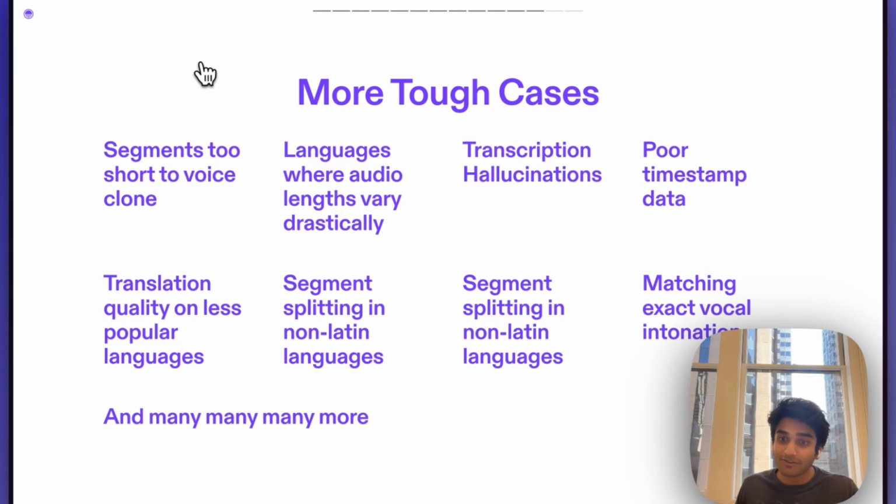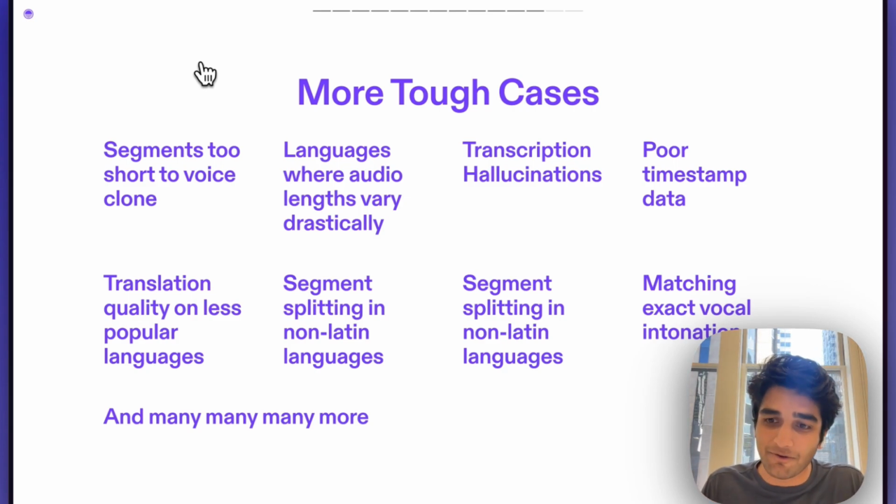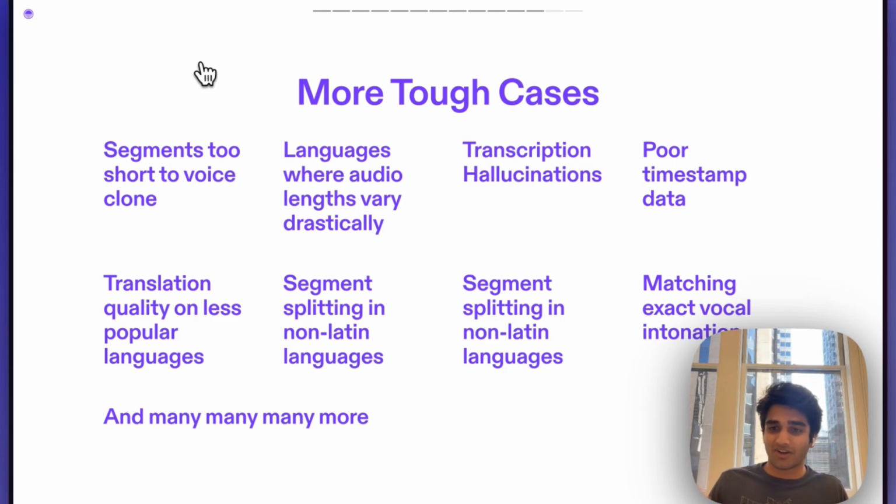The next thing is hallucinations in the transcription. Not every transcription model is reliable. Not every single model works well on every language. Not every model gives you good, precise timestamps for every word, right? So those are more problems. Obviously the quality of the translation is another problem, where newer models like GPT-4 are getting really, really good.